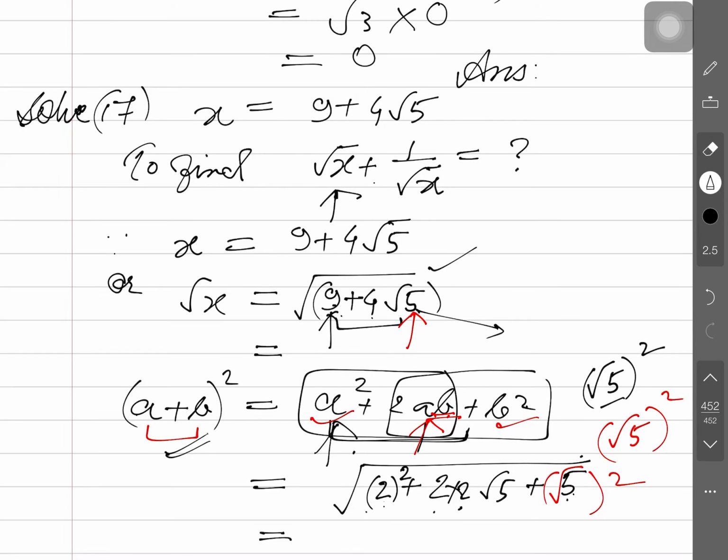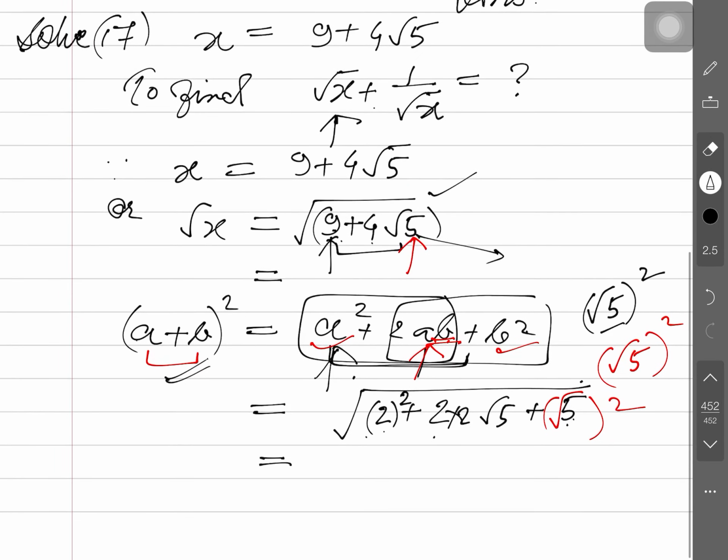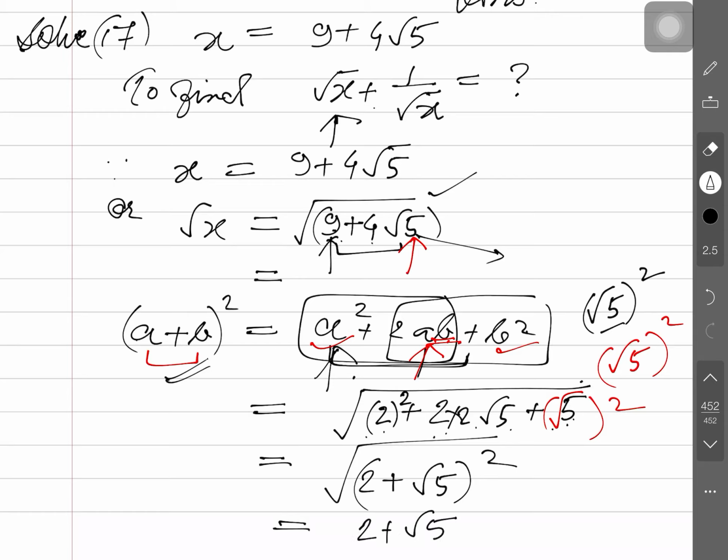Clear? So this is the task. It can be written as a square plus 2ab plus b square, so it shall be a plus b whole square, which is 2 plus root 5. This is the task actually to solve the question.